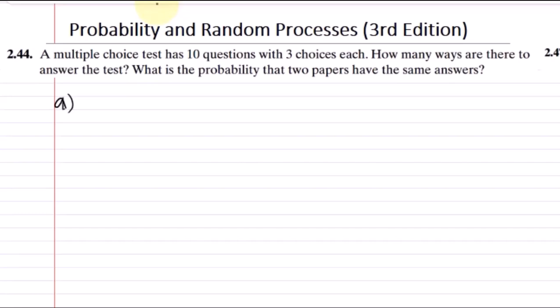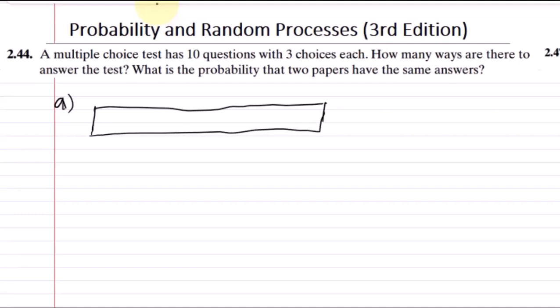If there are 10 questions and each question has 3 choices, how many ways are there to answer the test? Again we will solve it using the same procedure which we followed in our previous question. Let us have boxes for the questions.